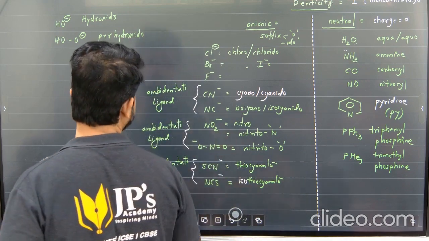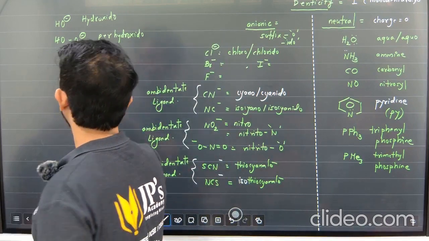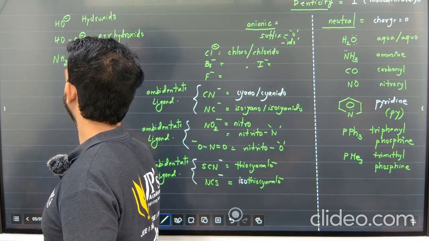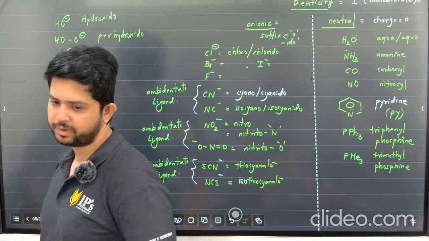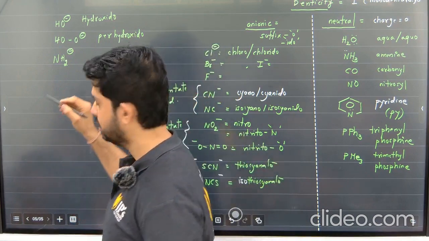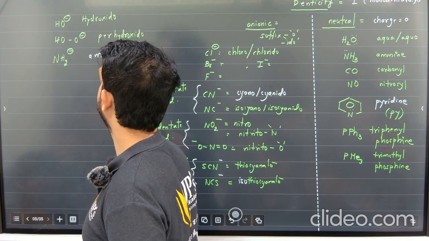Next, anyone who can try this? NH2 minus: amido.